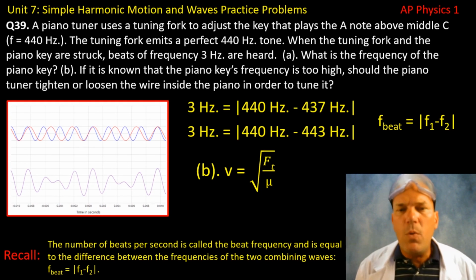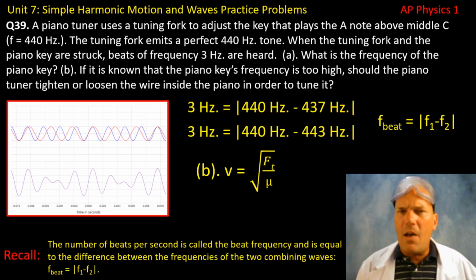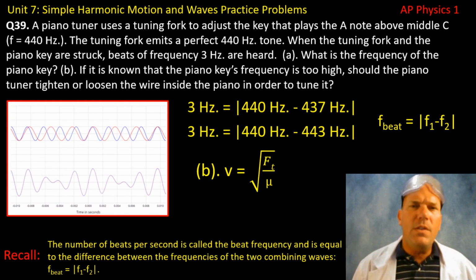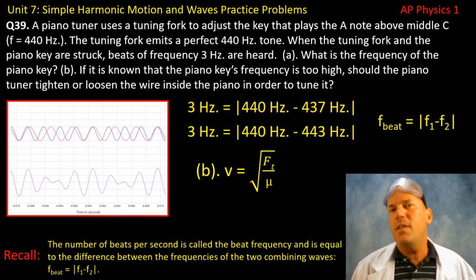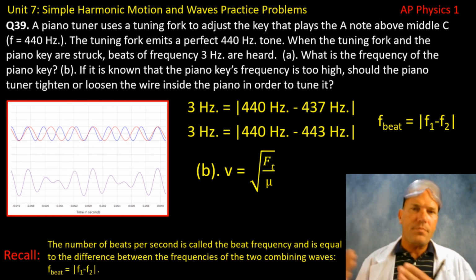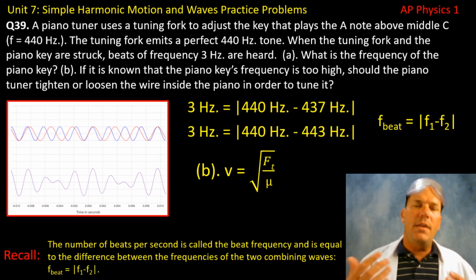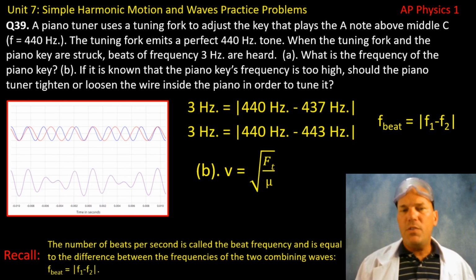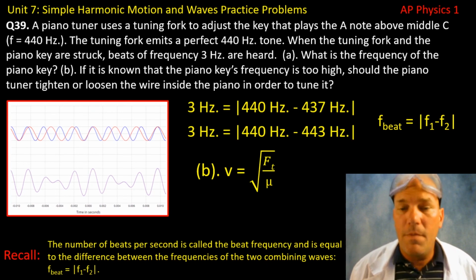So let's look at some equations and try to figure this out mathematically. So velocity is equal to the square root of the force of tension divided by mu. Mu being the linear mass density of the string, in this case, of the wire.